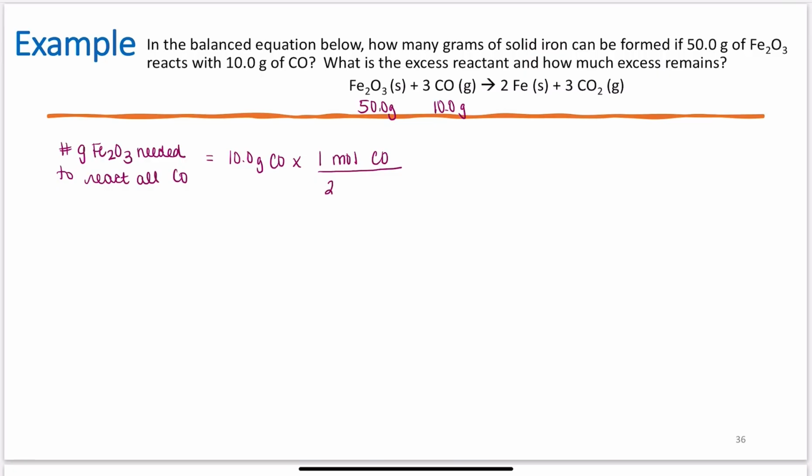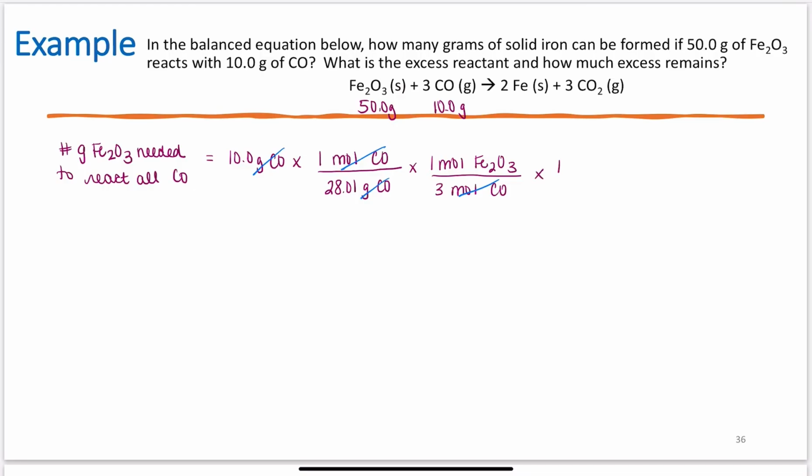Add up the molar mass of carbon monoxide, and it's 28.01 grams of CO for every 1 mole of CO. I look at my balanced reaction, and I see that 1 mole of Fe2O3 reacts with 3 moles of carbon monoxide. So I've canceled my grams carbon monoxide, my moles carbon monoxide. I'm now into moles of Fe2O3, but I'm trying to just go straight for grams here.